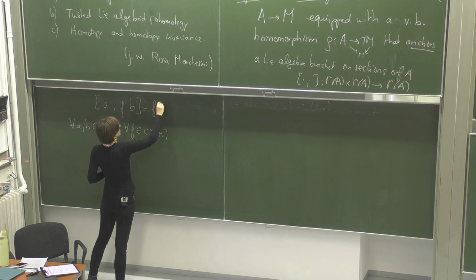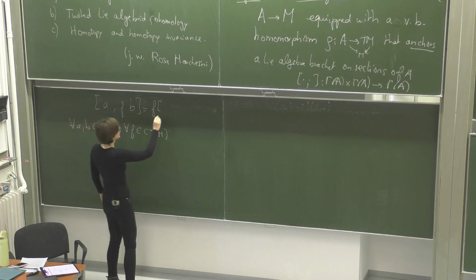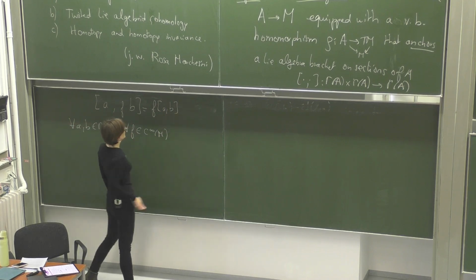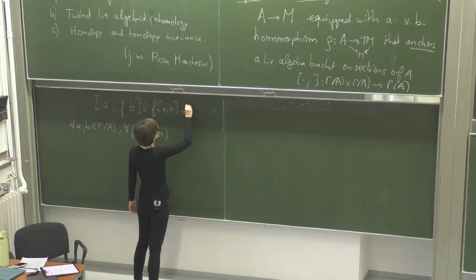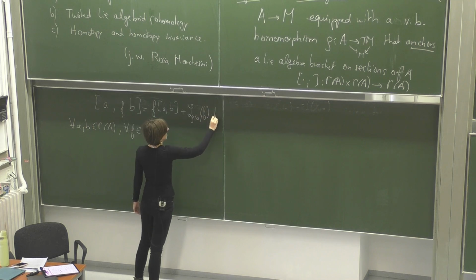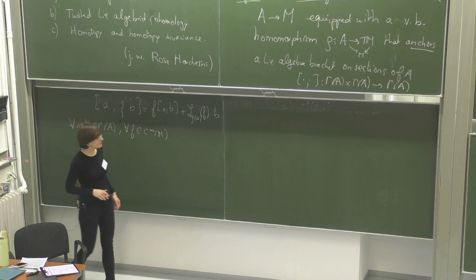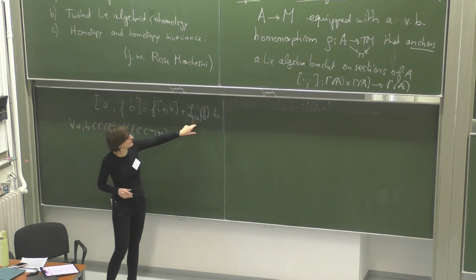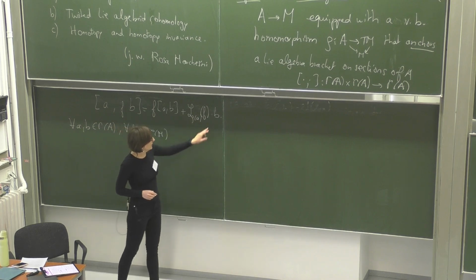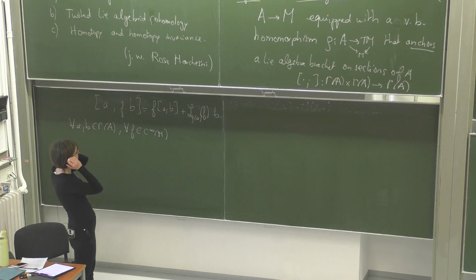Multiplying the section B with a smooth function on M, your bracket is not C^∞(M)-linear, but you can control the failure to be C^∞(M)-linear along the anchor. So you have to differentiate the function along the anchor of the section A, which is a vector field on the base M, and then you multiply by B, right? So that's the definition.